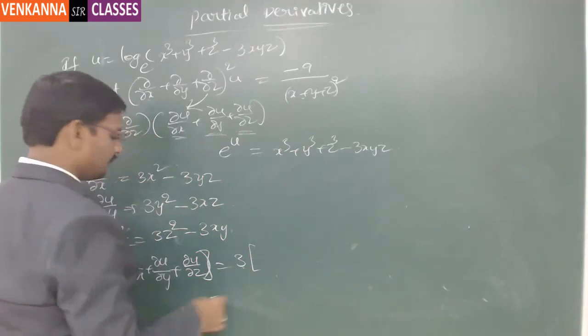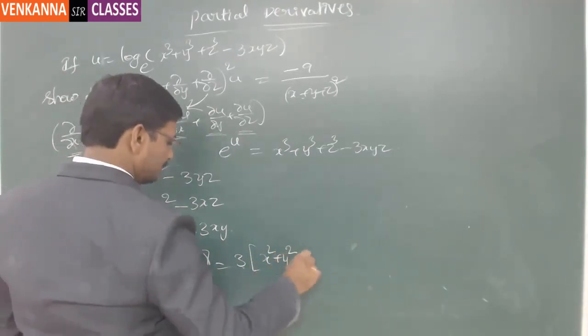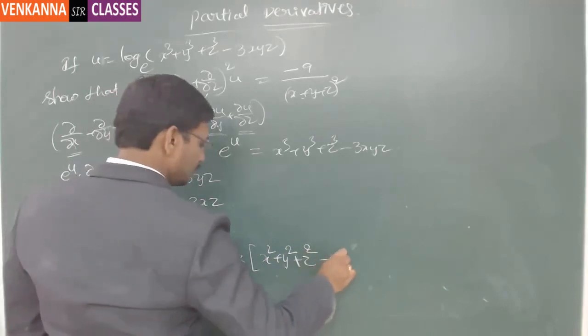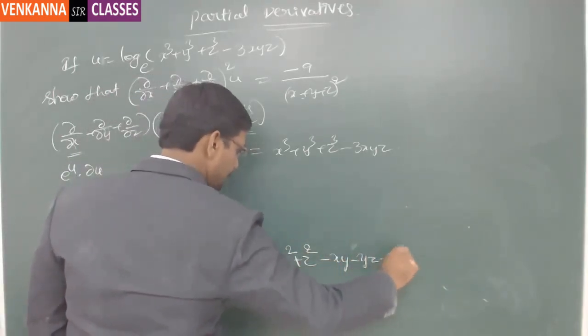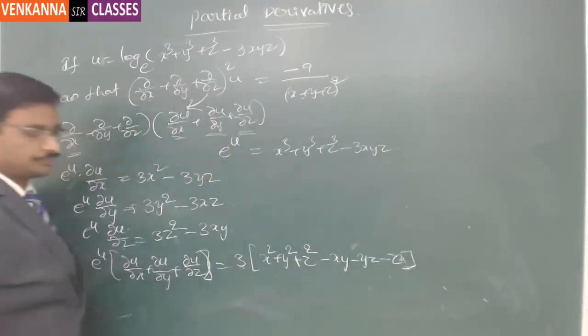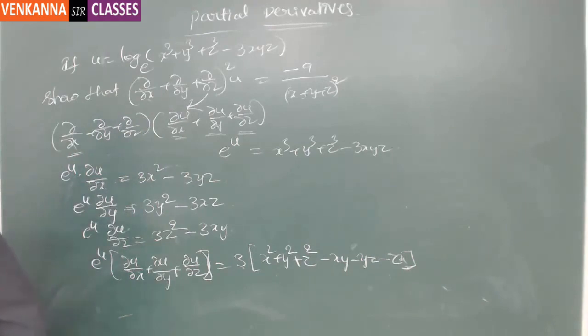Then what is left over is x² plus y² plus z² minus xy minus yz minus zx. Got it? So this is how you can write it.